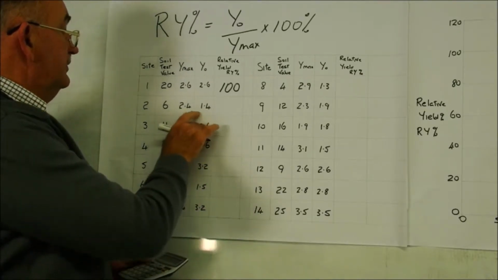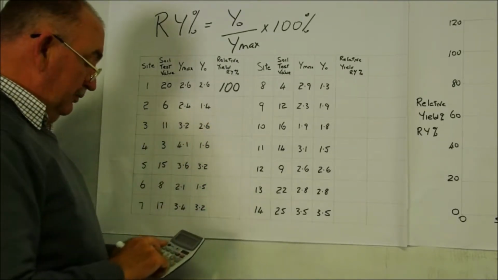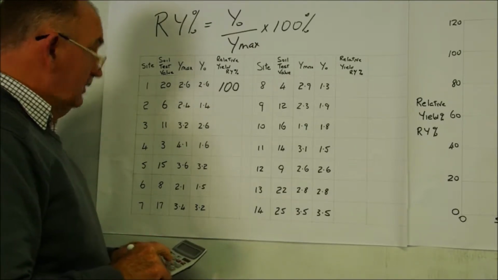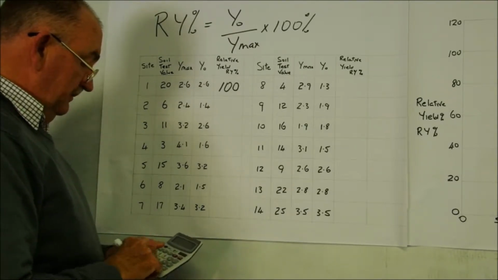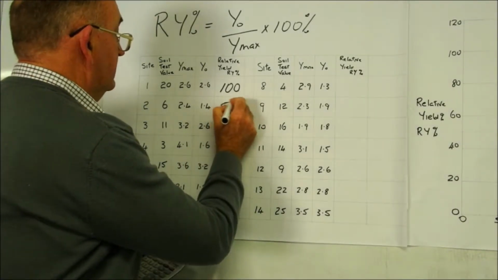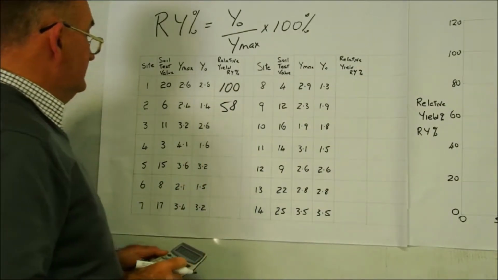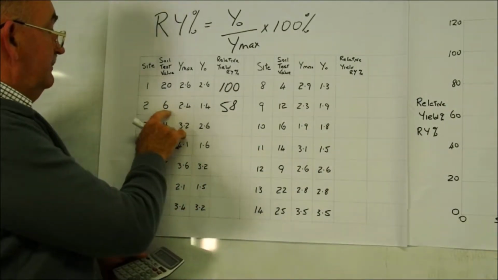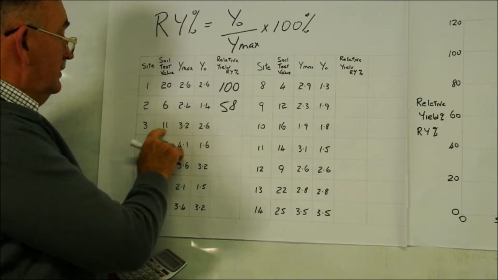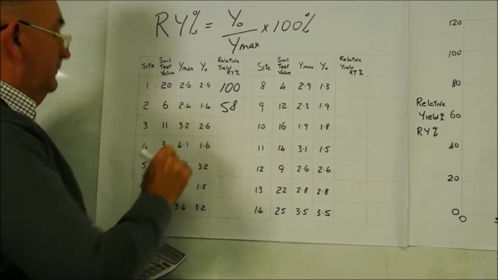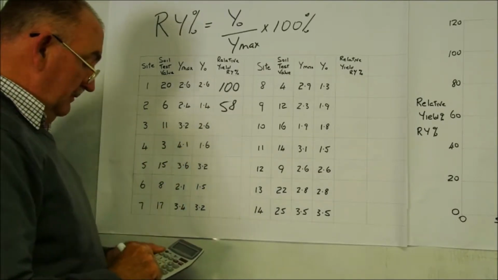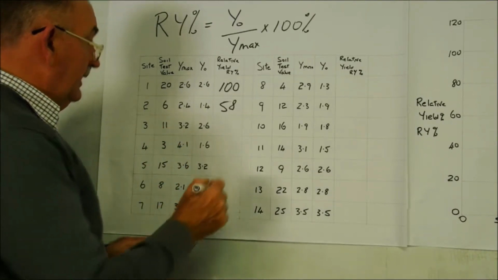Now the next one, trial site 2, 1.4 was the Y0, 1.4 divided by 2.4, the Y maximum, as a percentage, 58%. So a fairly responsive site at let's say a Colwell P of 6. Site 3, Colwell P of 11, Y minimum is 2.6 divided by 3.2, the Y maximum, and that comes to 81%.